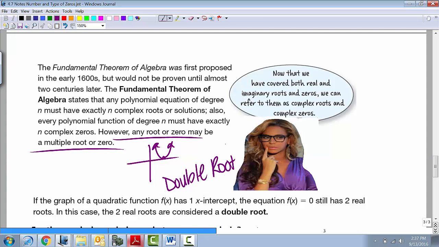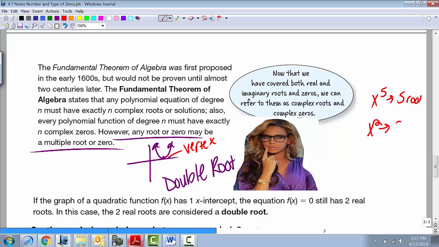The double root, where the vertex is the x-intercept. The fundamental theorem of algebra says that for any polynomial, that's how many roots you should have. Okay? So, what do I mean by that? For example, x to the 5th power should have 5 roots. That's what that means. So, x squared should have how many roots?